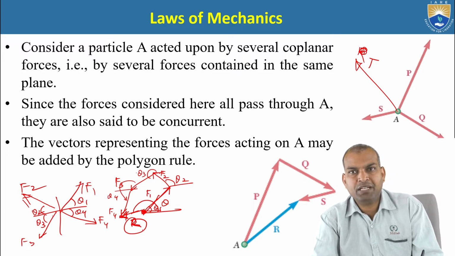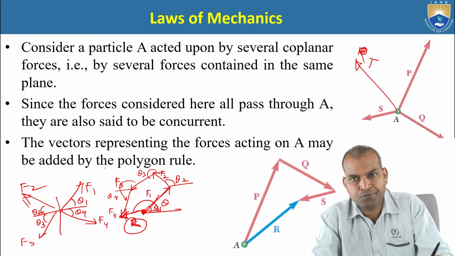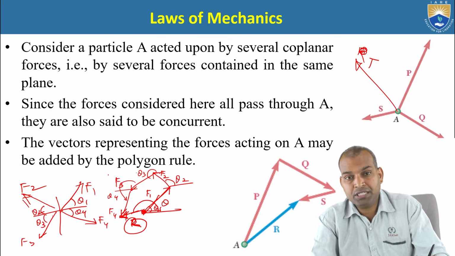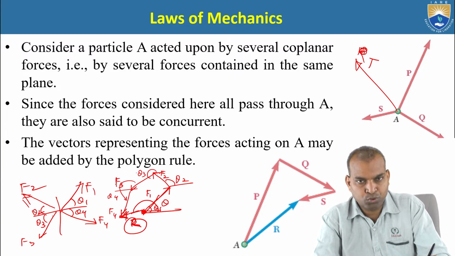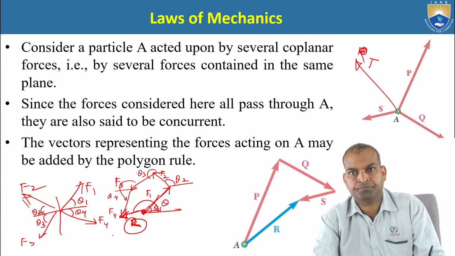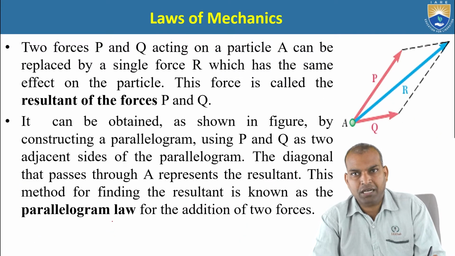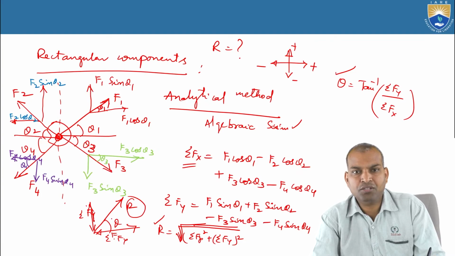This is the graphical method using which law? Polygon Law of Forces. Why do we use the Polygon Law of Forces here? Because more than two forces are acting. Thus we have to use the graphical method and also the analytical method.